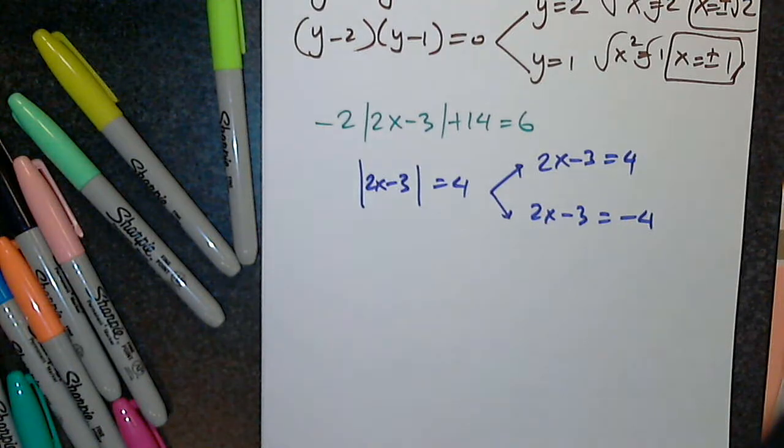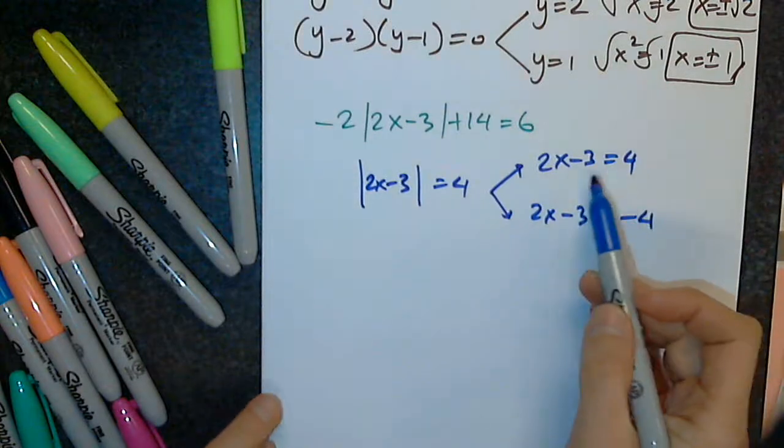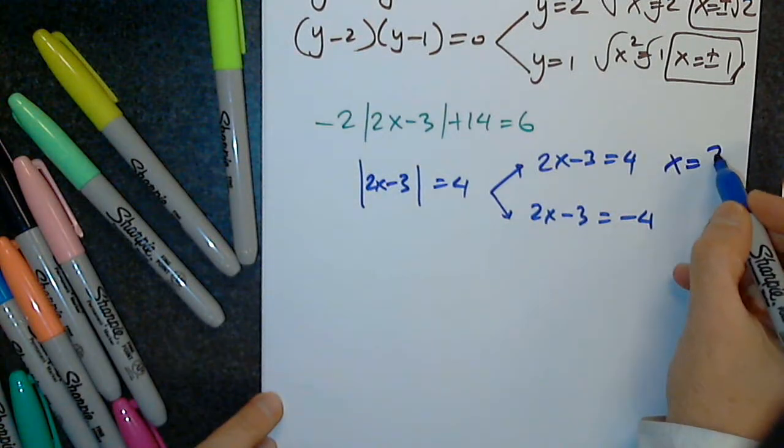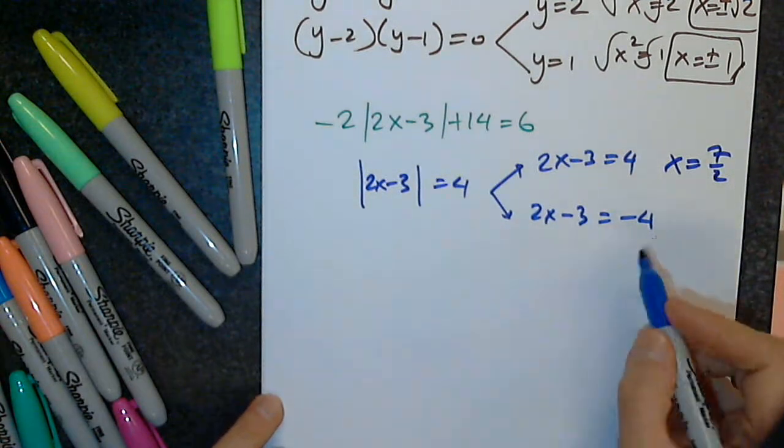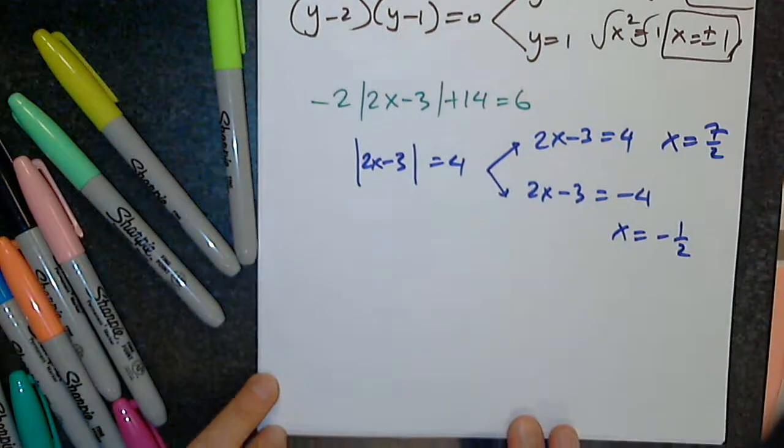What is very easy for you may be completely impossible for me. Right? So I show my students a method. You can tweak it, you can change it, you can invent something else. I'm fine. Okay. So I move 3 and I divide by 2. So x is 7/2. I move 3 and I divide by 2 and I get -1/2.